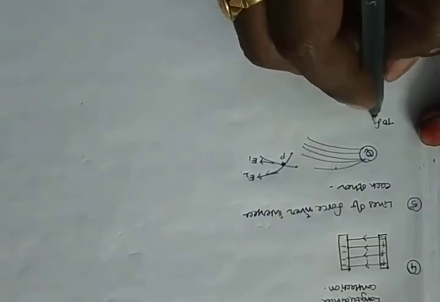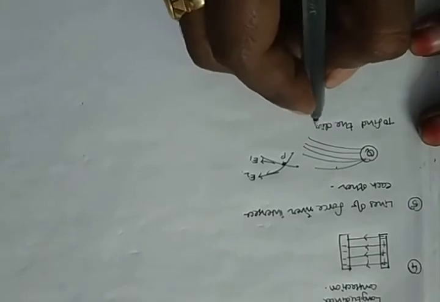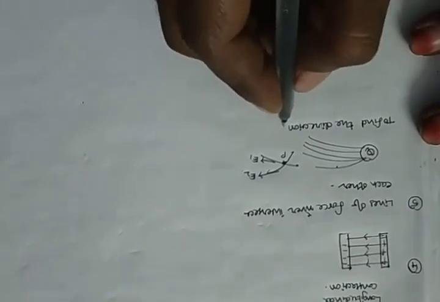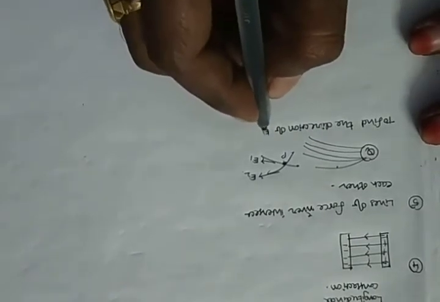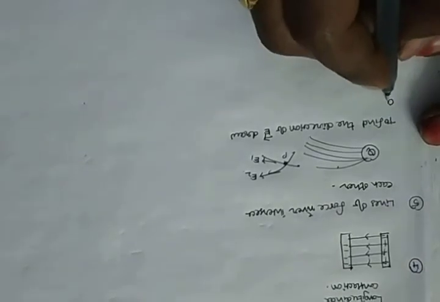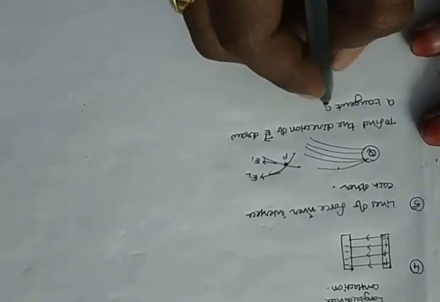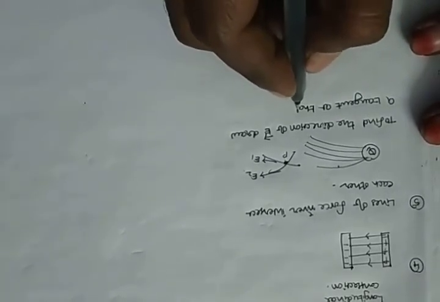To find the direction of E bar, draw a tangent at that point.